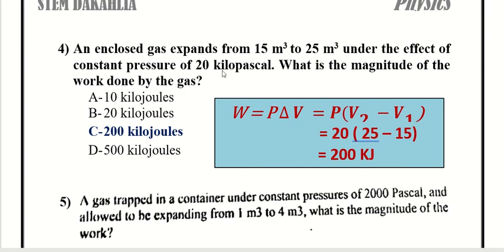The value of the pressure here equals 20, and then we get the value of the work done. Okay, it is work done by the gas, so it will take a positive sign.